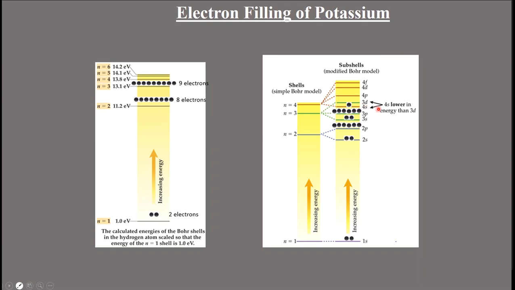The highest principal quantum number is 4 and it has 1 valence electron. And this electron configuration is the same as the configuration of lithium and sodium and is the reason why potassium exhibits the same chemical behavior as lithium and sodium.